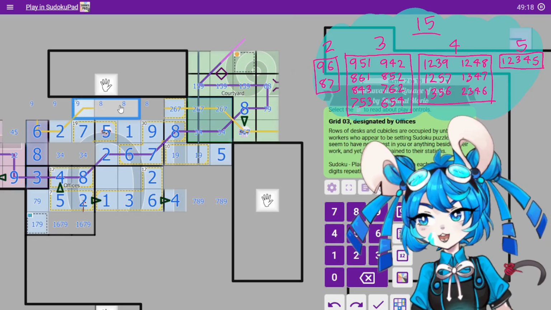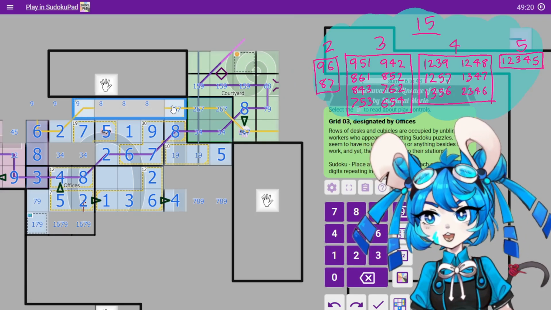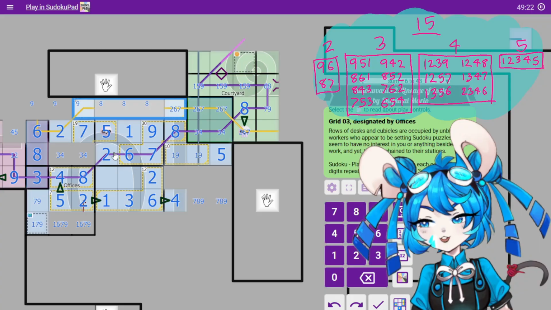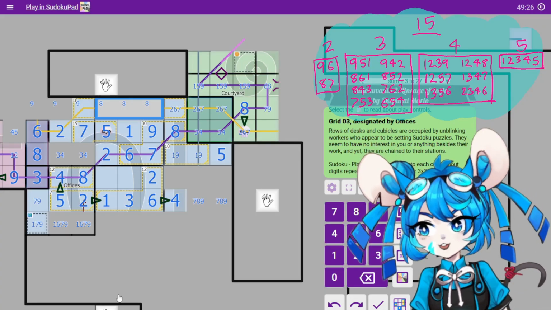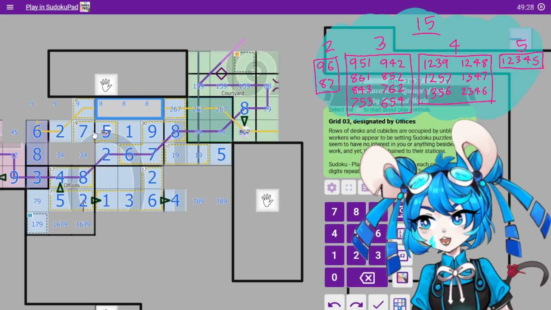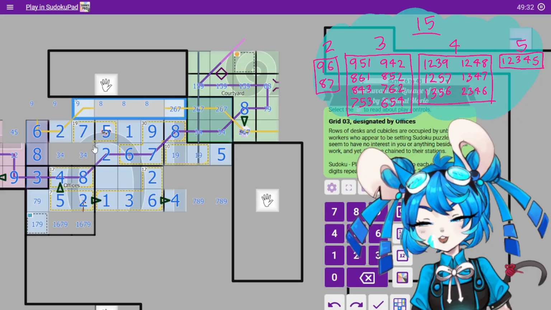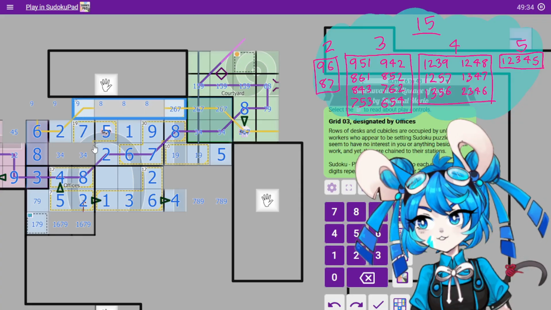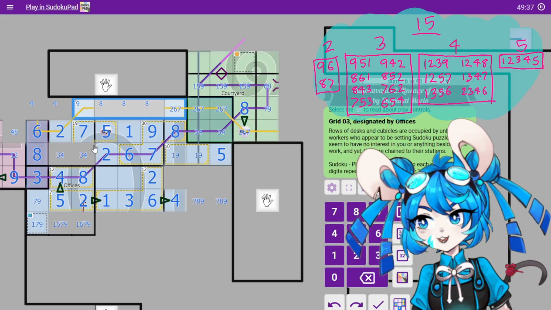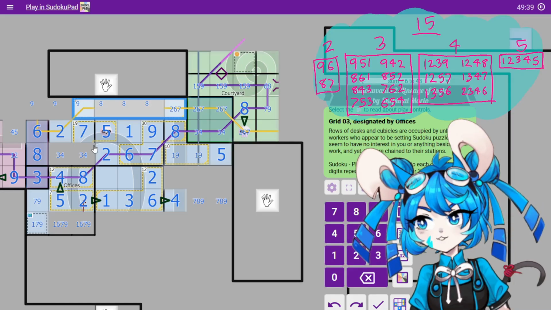It's either 3 or 5 digits long. But if it's all 5 digits, it necessarily contains this 8, which, well, I guess it could actually be 1, 2, 3, 4, and 8. That would actually work. That would be completely fine, I think.